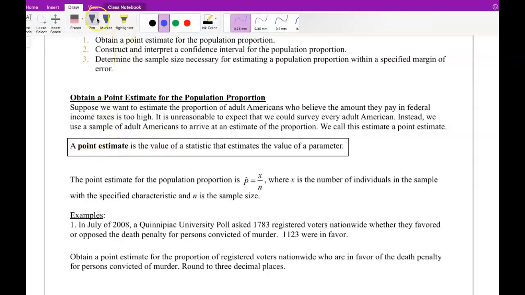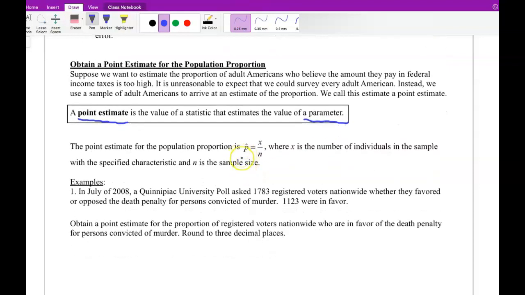Okay, what we have here on this part is point estimate, and this is the definition. Point estimate is the value of a statistic that estimates the value of a parameter. So to find that, we need to use p hat equal to x divided by n.